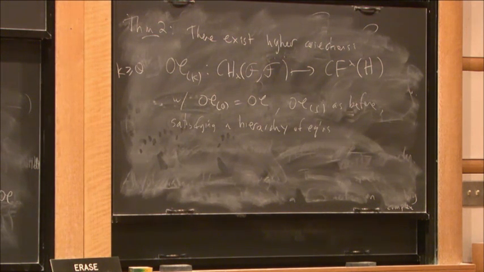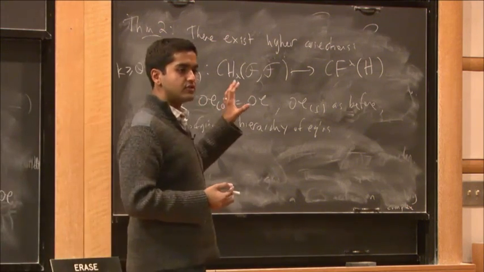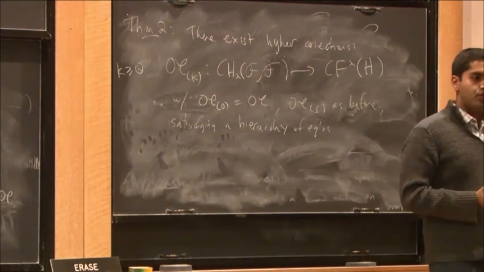Okay, so getting back to the original point, this sequence of higher corrections is the thing that should give us a map between equivariant homology groups.